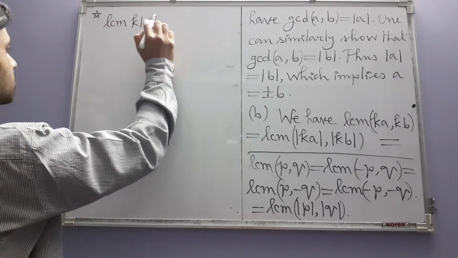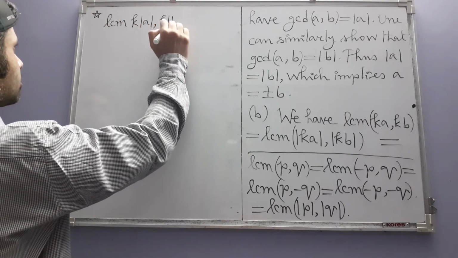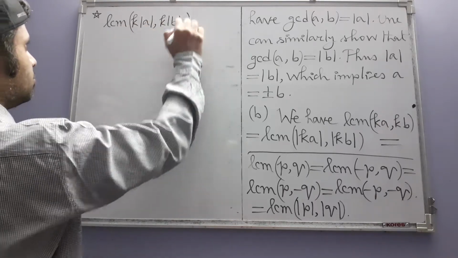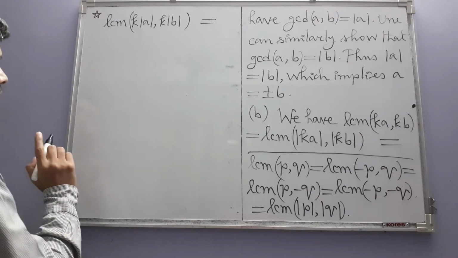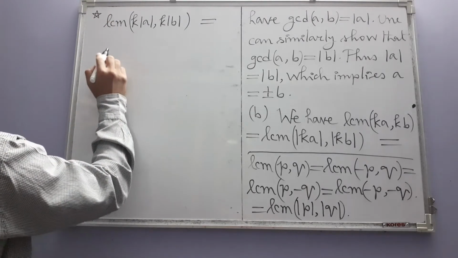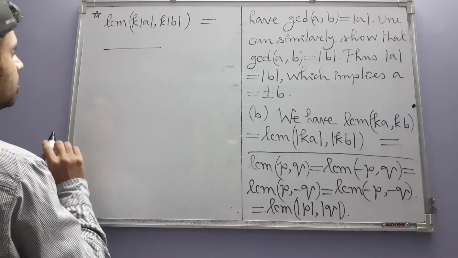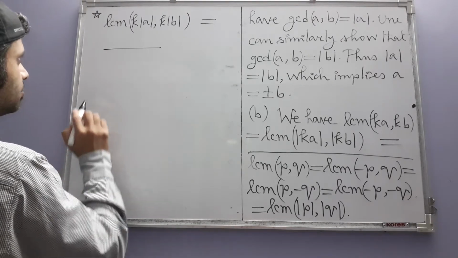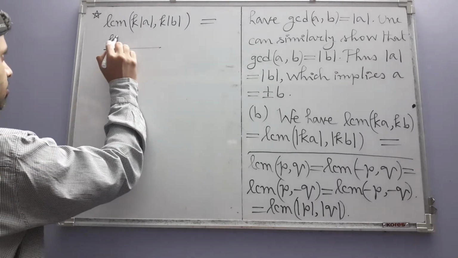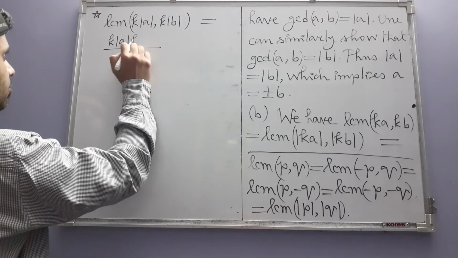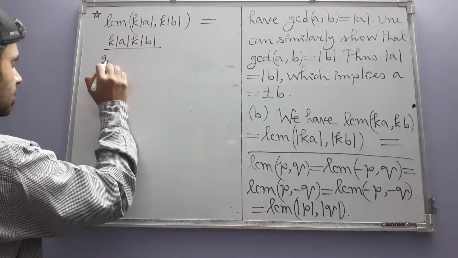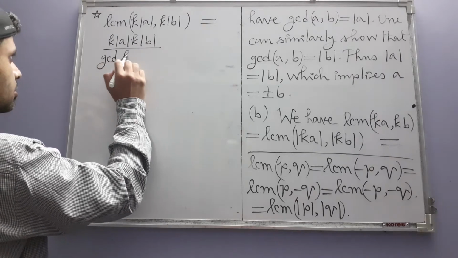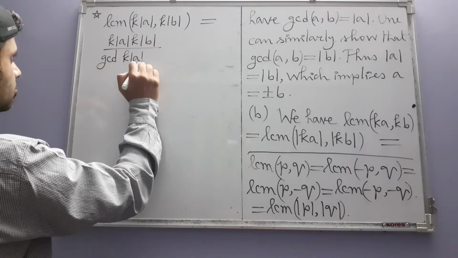K times absolute value of A and k times absolute value of B. Now this is where we use one of the previous results. In place of this LCM, you can write k times absolute value of A times k times absolute value of B divided by GCD of these numbers.